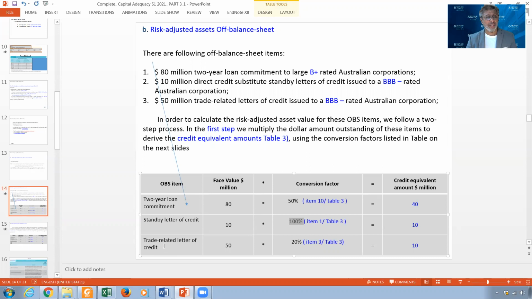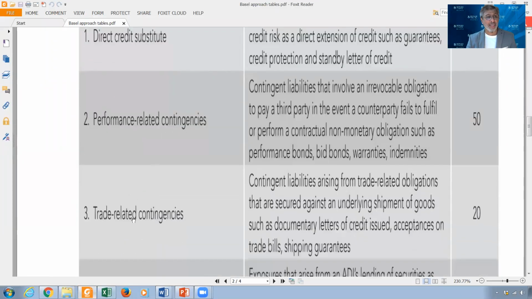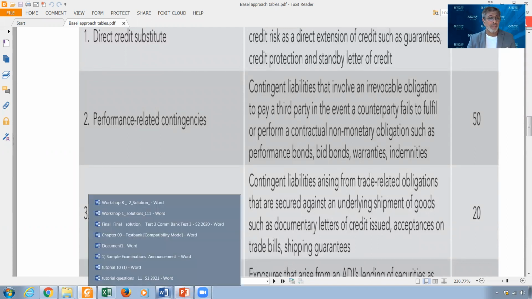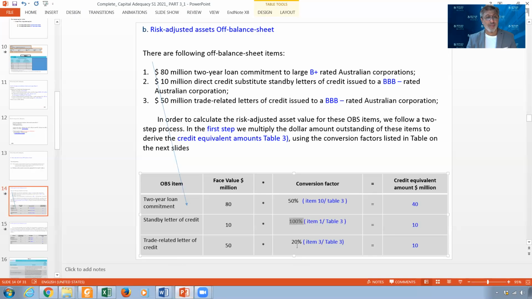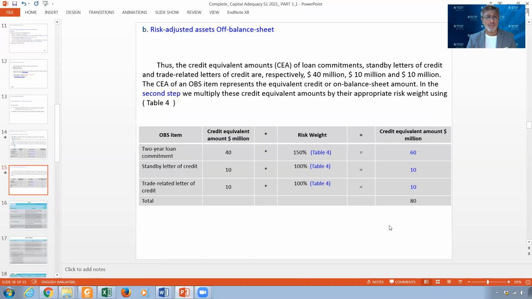Then we have trade related, which is item 3. We will discuss this in the tutorial in detail. And in table 3, trade related contingencies is 20%. I did the 20%, and you can see it's 20%. So now I get the credit equivalent, which is step 1. So I get 40, 10, 10. Now I have to bring this 40 in the second step: 40, 10, 10.